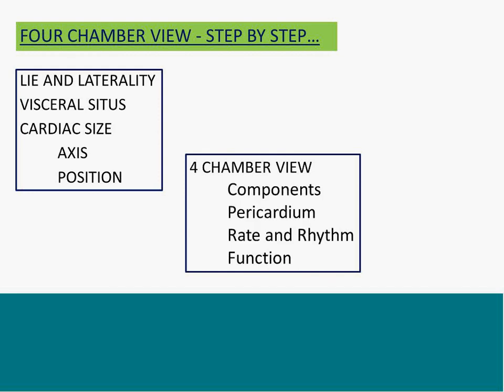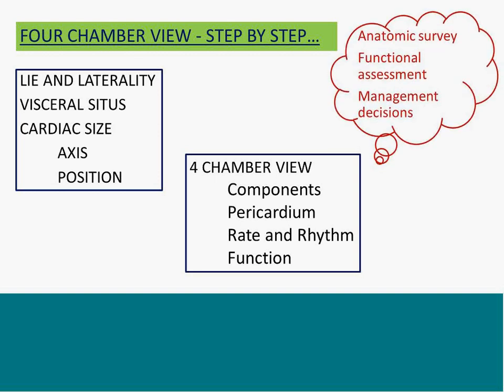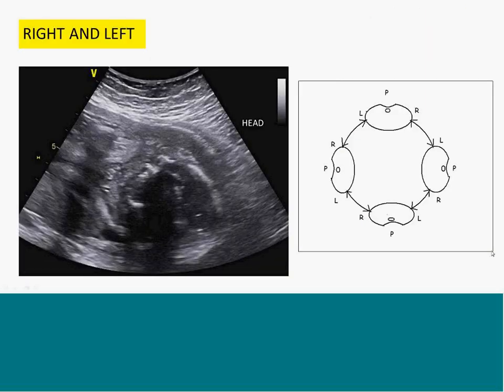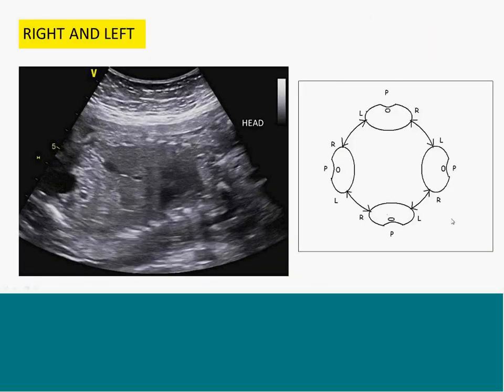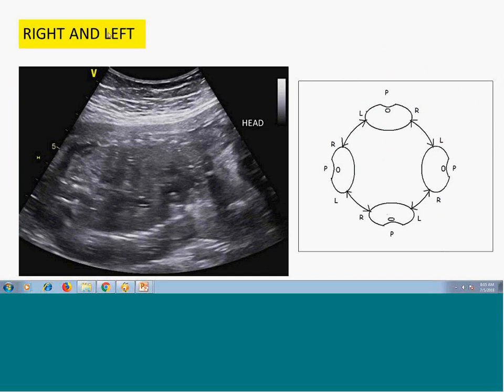We see all the components of the four-chamber view in the heart and also the pericardium, the rhythm, and the function. We will do an anatomic survey and a functional assessment, and when we are doing this, we will have some management plans being made. So first, how do you decide the laterality?